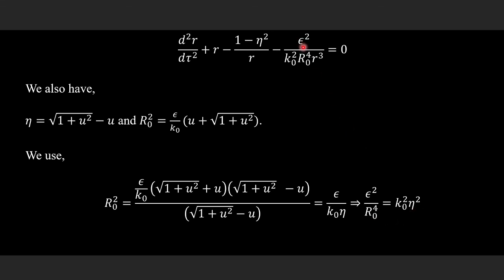You have epsilon square over r naught 4 here, and that will give me k naught square eta square. So we get k naught square here, eta square here, divided by k naught square r cube. The k naught square from here and from here cancels, and we'll be left with an eta square term divided by the r cube term.